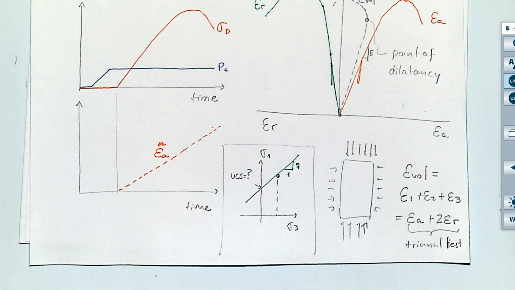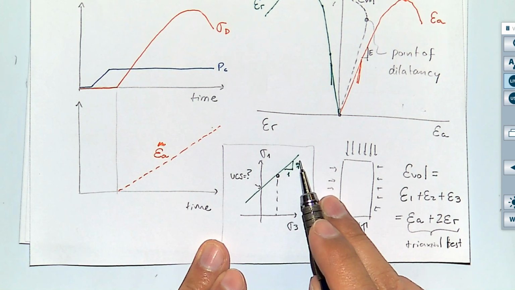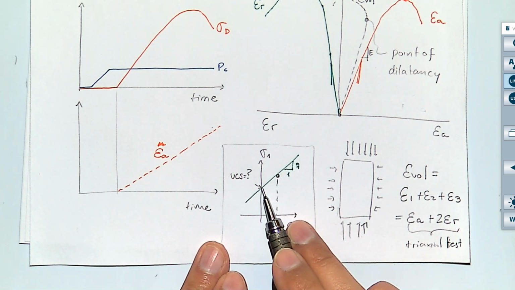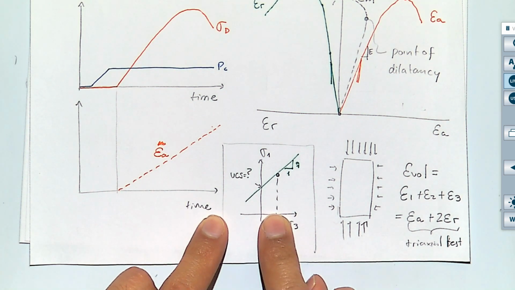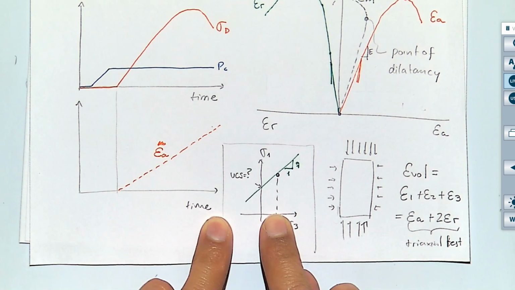But this is just a line. You have a point, you have the slope. You should be able to tell me what is the intercept in the y-axis, which is going to give you the unconfined compressive strength.